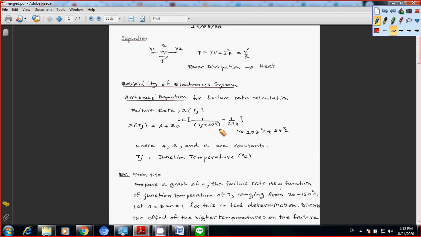So this gives you a positive number, so you end up with exponential to a negative number. That gives you a smaller failure rate, or the failure rate decreases when you have a lower temperature.